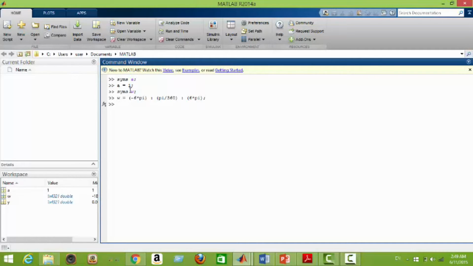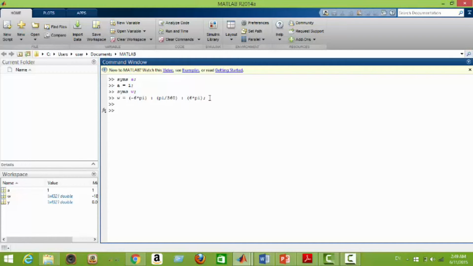Here it clearly shows that the function has two variables, which are a and omega. Since a is a constant, we simply put a equals 1. For the omega, we need to set the range, so we set the range for omega from negative 6 pi to 6 pi.